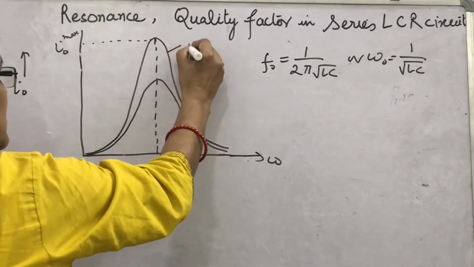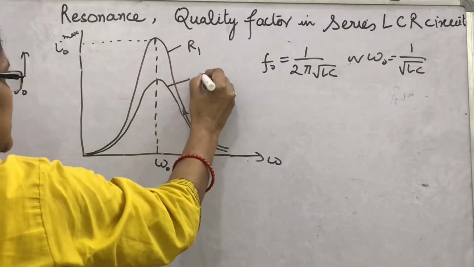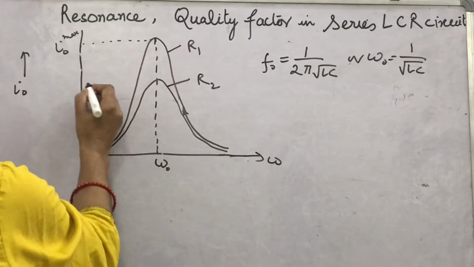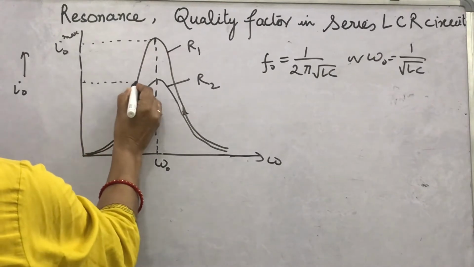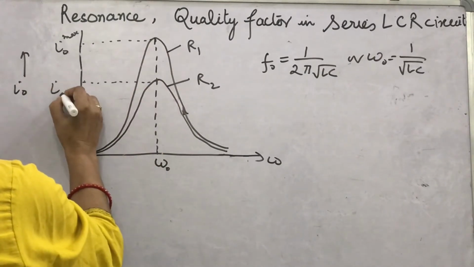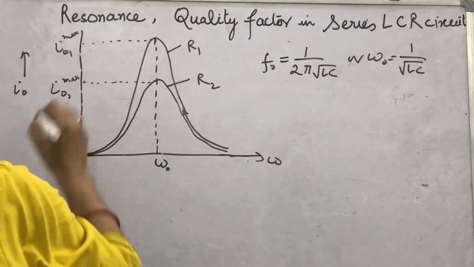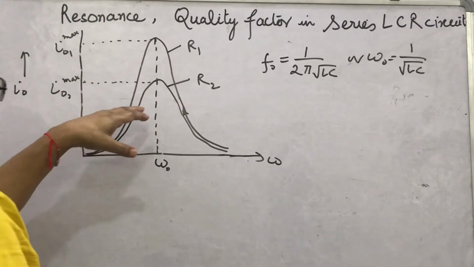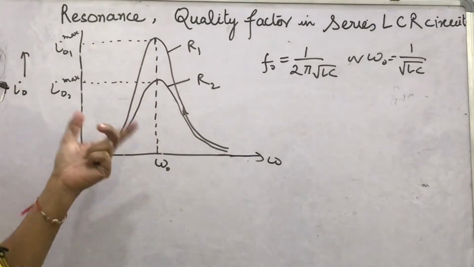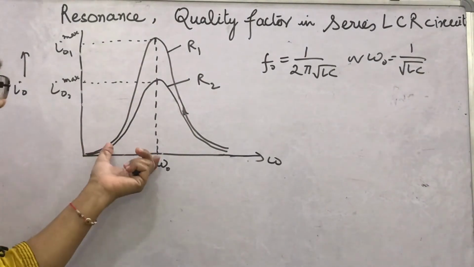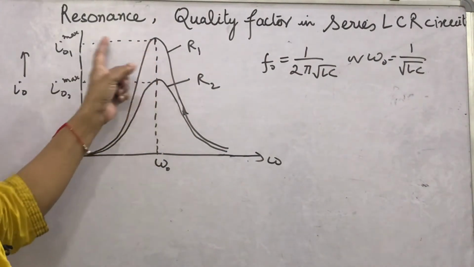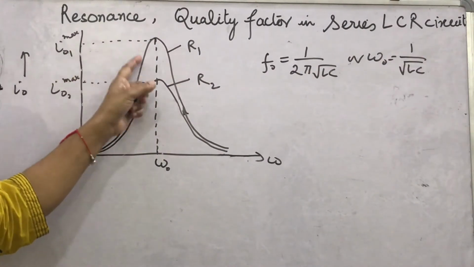then for the first curve resistance is R1 and for the second curve resistance is R2. What we find, the maximum current for this second curve is I naught maximum here. This is for the first one and this is for the second one. Which is greater, R1 or R2? Clear that the greater the current, the lesser the resistance will be.